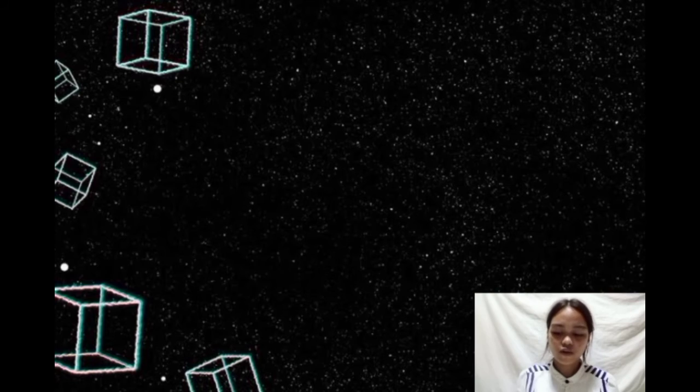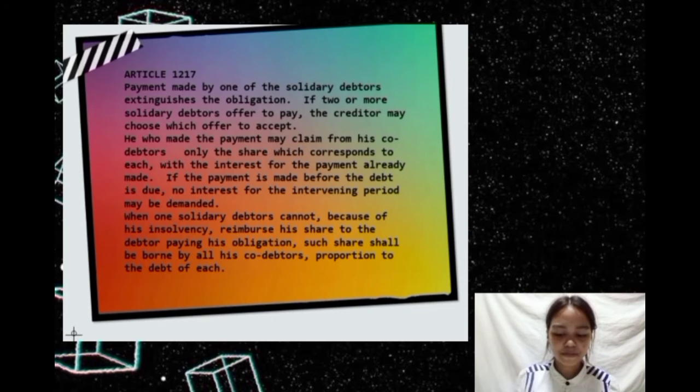Next. So, Article 1217. Payment made by one of the solidary debtors extinguishes the obligation. If two or more solidary debtors offer to pay, the creditor may choose which offer to accept. He who made the payment may claim from his co-debtors only the share which corresponds to each, with the interest for the payment already made.